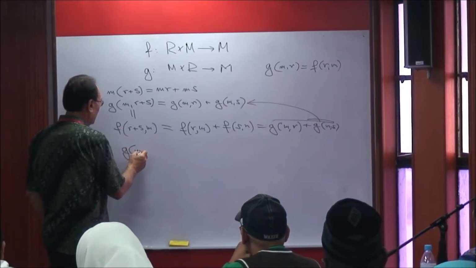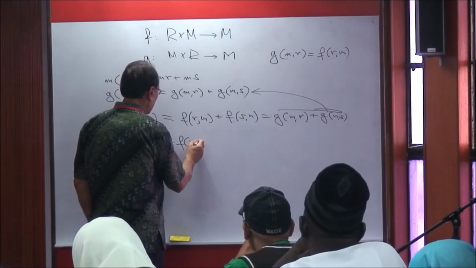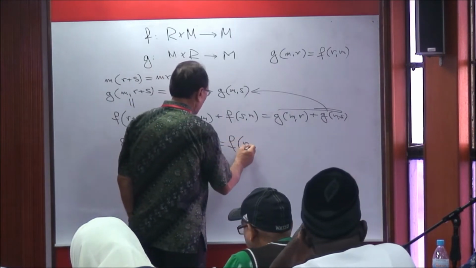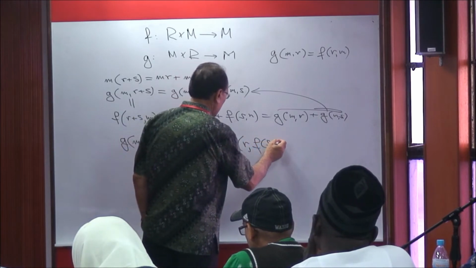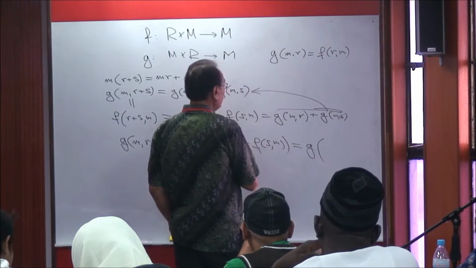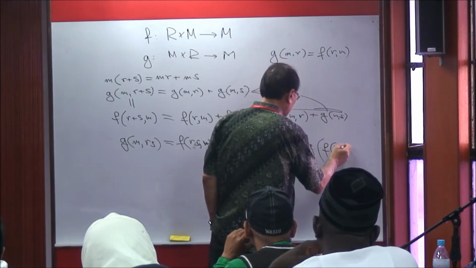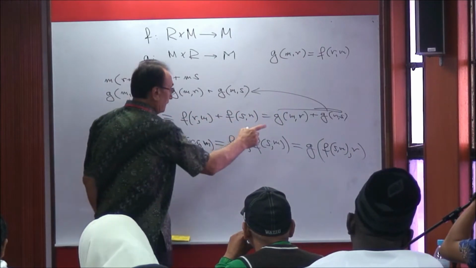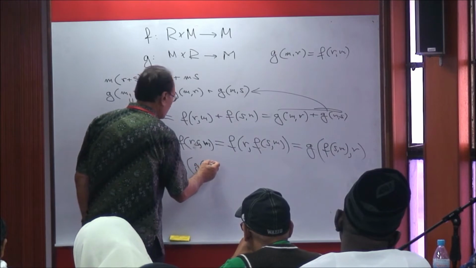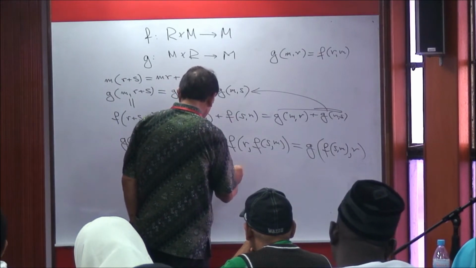So G(m, rs) equals F of rs times m, equals F of r F of s m, which is G of, because I should write m here and r there, F of s m, r, which is G of G(m, s) and r. Correct?